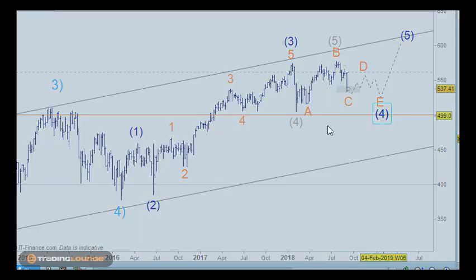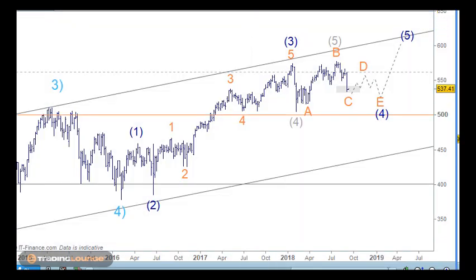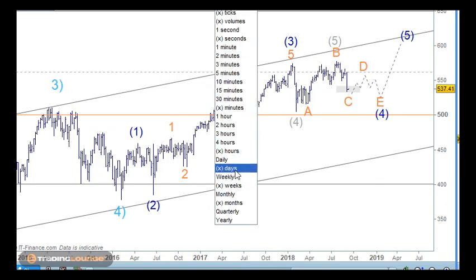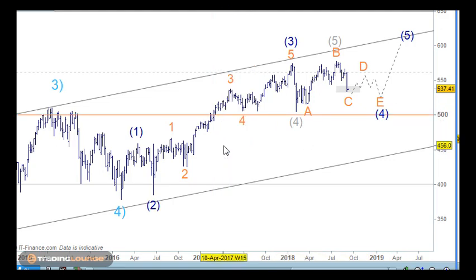And yeah, so just cutting through to, say, the 4-hour chart and picking up from this wave C here.